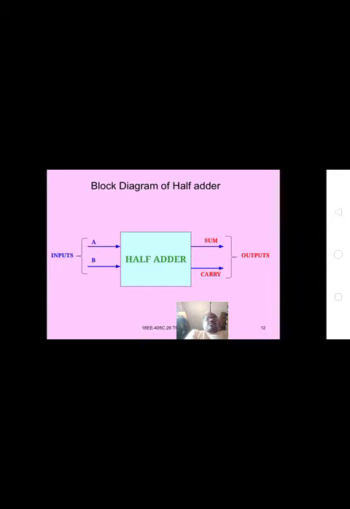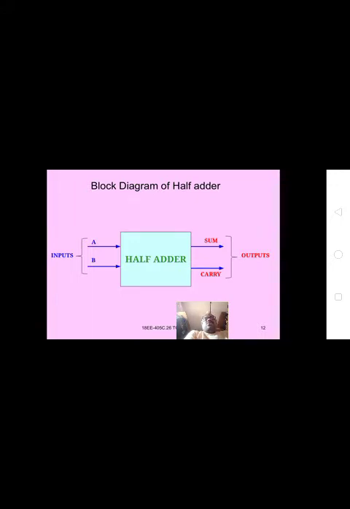Now we will learn about the half adder clearly. Here I have shown the block diagram of the half adder. As I already told, the half adder consists of two inputs and two outputs.